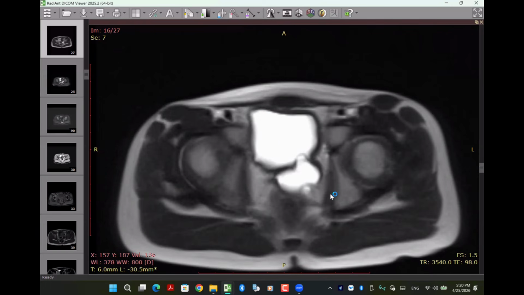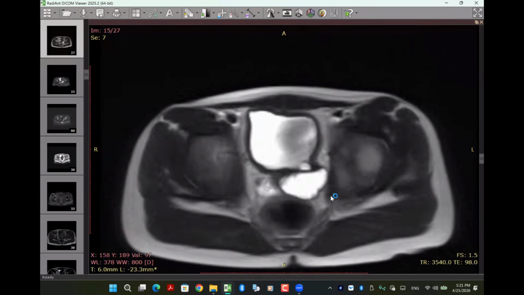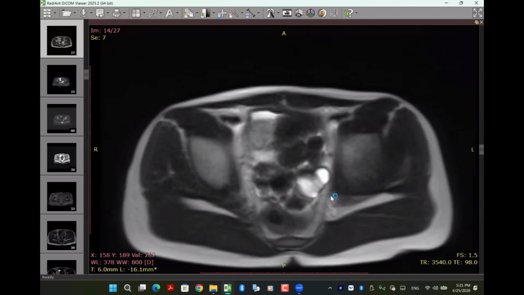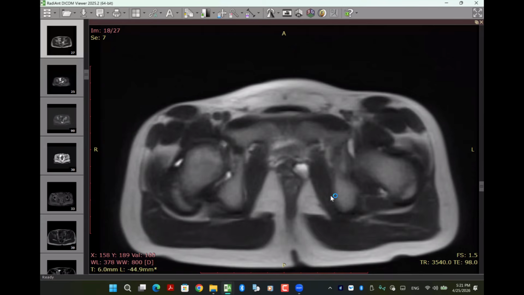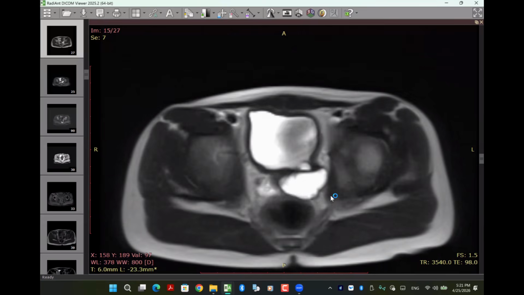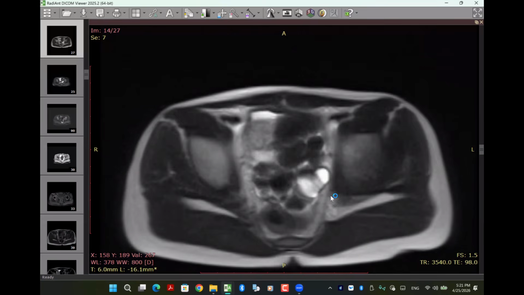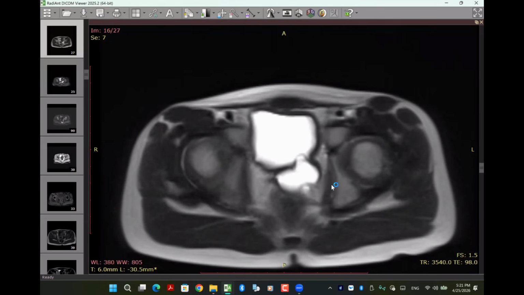Actually, this is the T2. Can you describe this lesion for me? Yeah, it's a T2. So this lesion is cystic and is contiguous with the posterior wall of the urinary bladder.